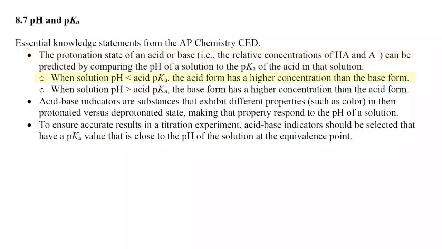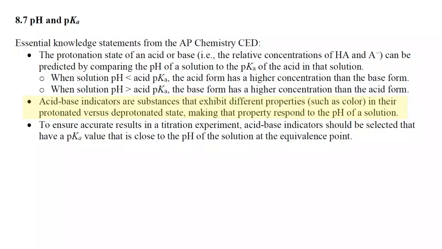Now, when the solution pH is less than the pKa, then the acid form, HA, has a higher concentration than the base form, A-. On the other hand, when the solution pH is greater than the pKa, then the base form, A-, has a higher concentration than the acid form, HA.